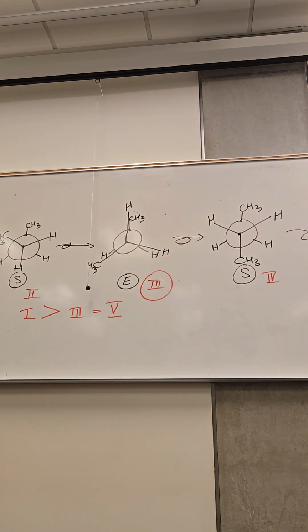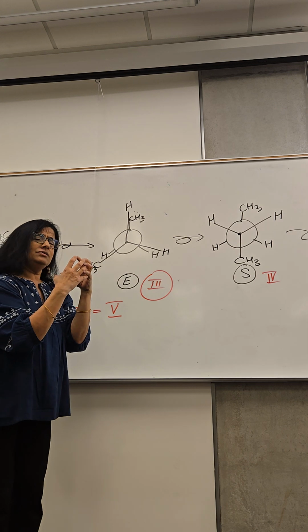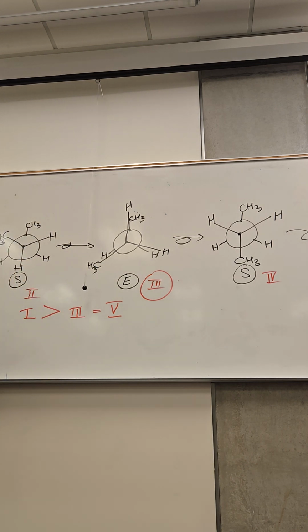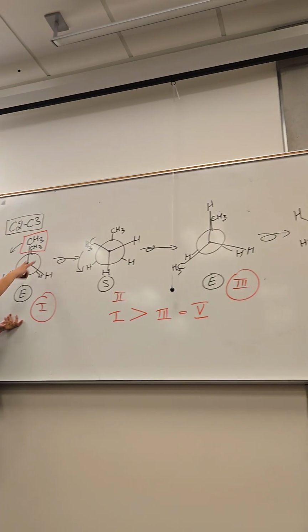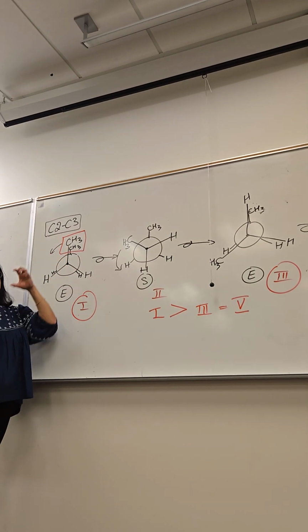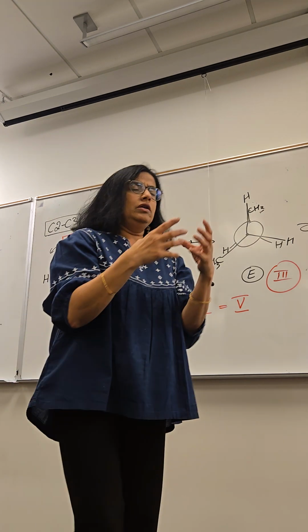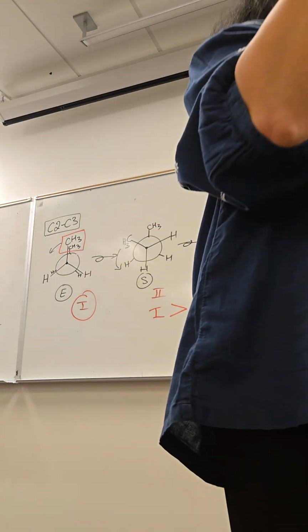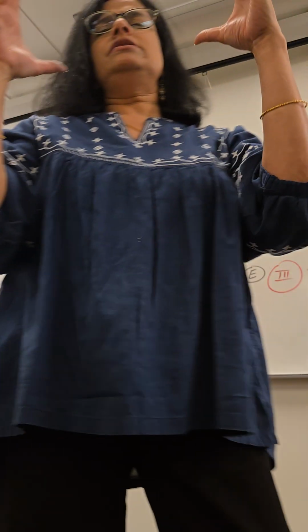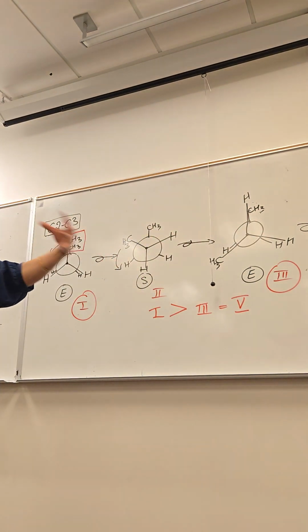Bad situation. The electron clouds of the methyls are bumping into each other. Is that better than methyl and hydrogen bumping into each other, or worse? Worse. That is your least stable eclipsed because the dihedral angle between the biggest groups is the smallest. It's the biggest groups that decide because they need more space.